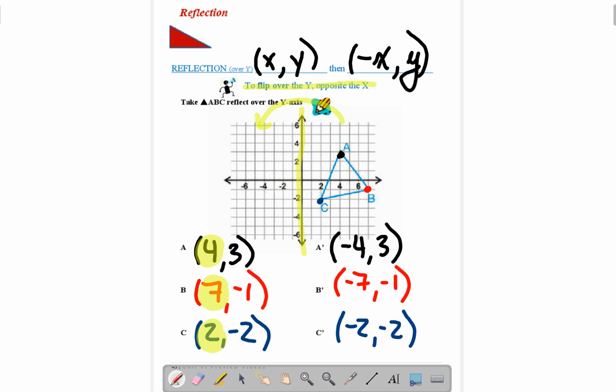Now, go ahead and plot those. It'll be very easy to see what happened here. Very easy. So we're at -4, +3. That's A prime.